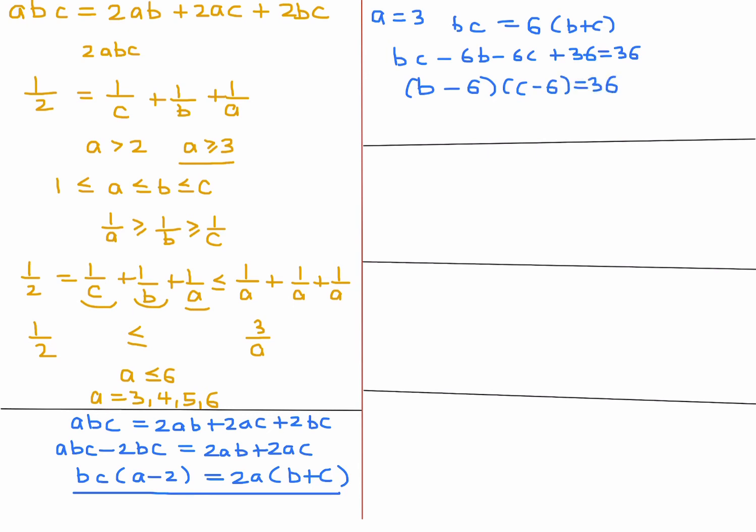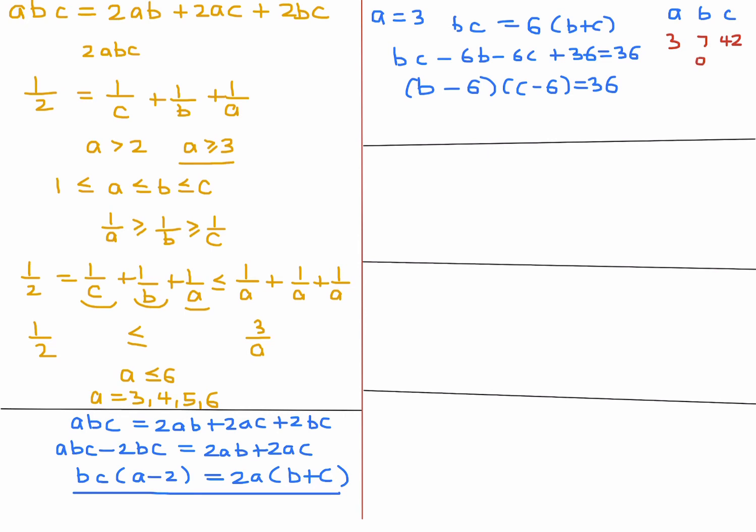And then this will allow us to get our ordered triples A, B, C with a little bit of experimentation. And when you do, well, A is 3, so we can use, say, 7 and 42. I hope that when I put it in that form, it makes it easier to figure out B and C.